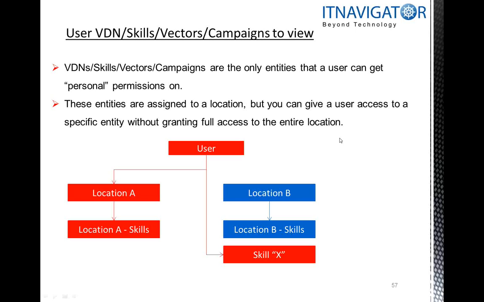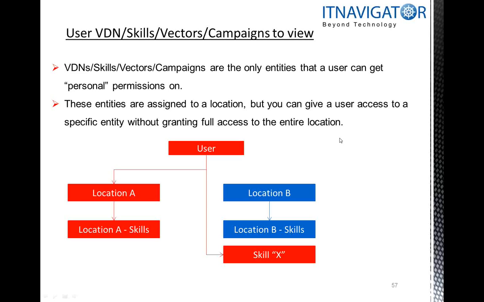Now, the VDNs, skills, vectors, and campaigns to view are a different story, and they're quite unique inside Control Manager because they are controlled by 2 elements. You can control them based on locations to view. So if I have locations to view access rights on a specific location, and I also have access to see specific skills, I will be able to see all the skills of the location inside Control Manager.